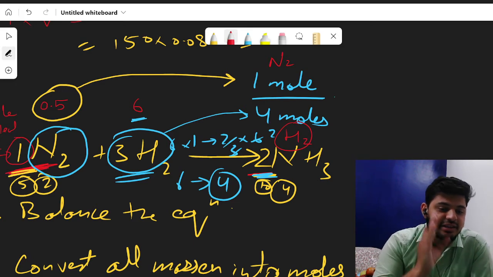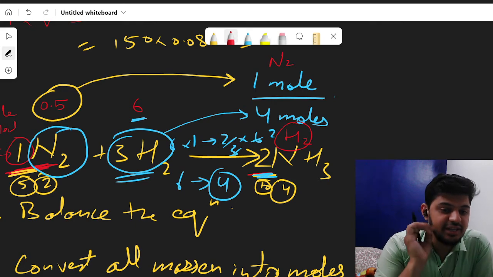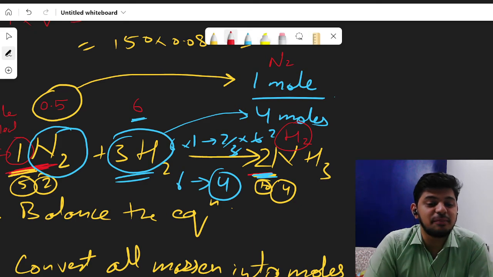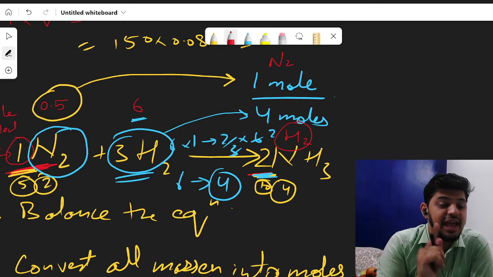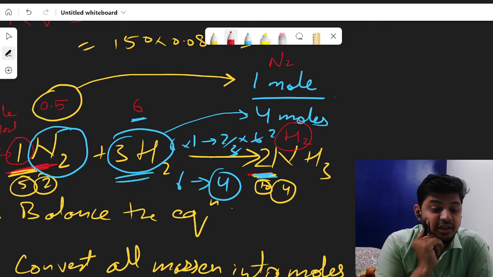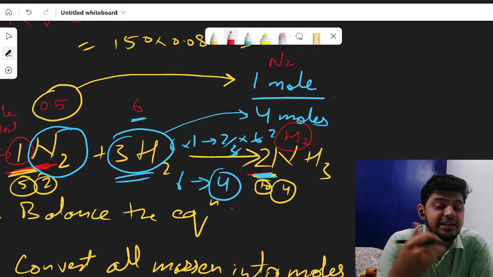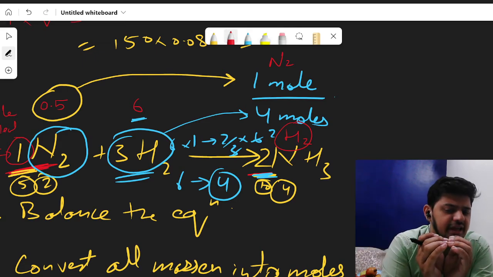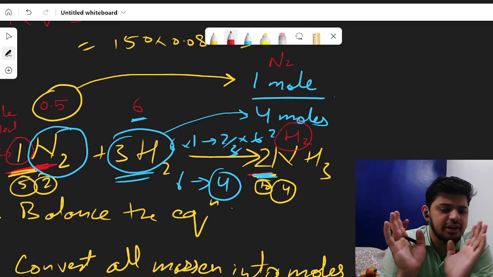It means that yes, nitrogen is the limiting reagent. This is how you will calculate the limiting reagent. Now nitrogen is the limiting reagent and hydrogen is the excess reagent. It means that there is a lot of it. Only a small part will react and not everything will react.